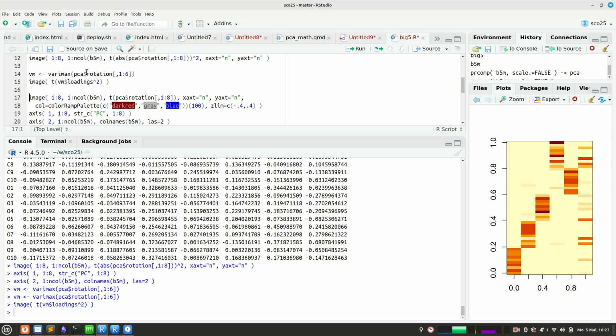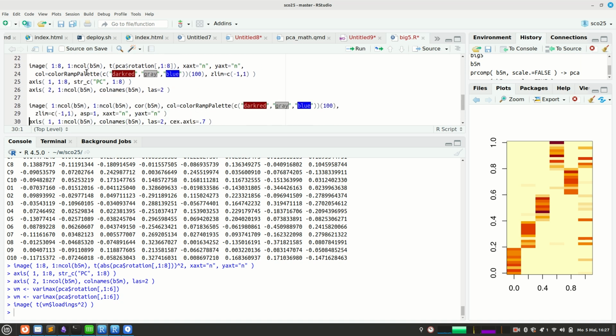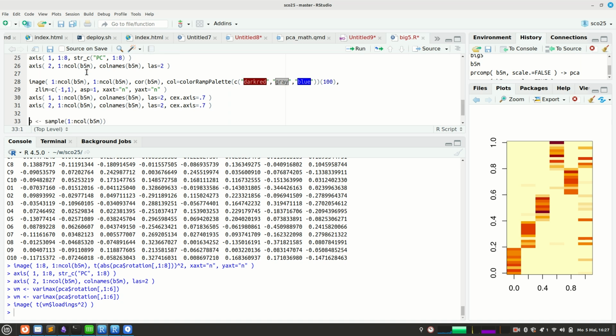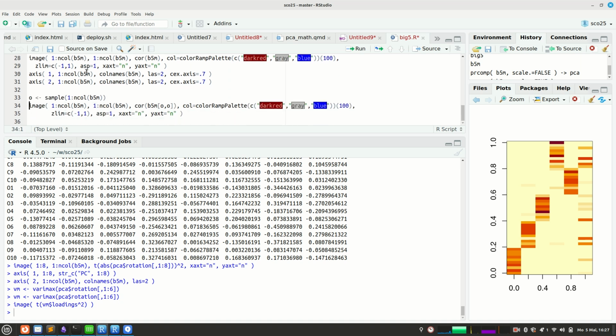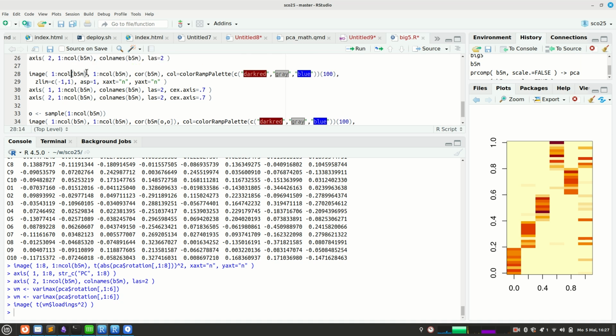So I do this now here by taking B5, and I use the correlation operator. The correlation function does what we want. It takes the matrix, centers and standardizes it, and then it multiplies each vector with every other vector.